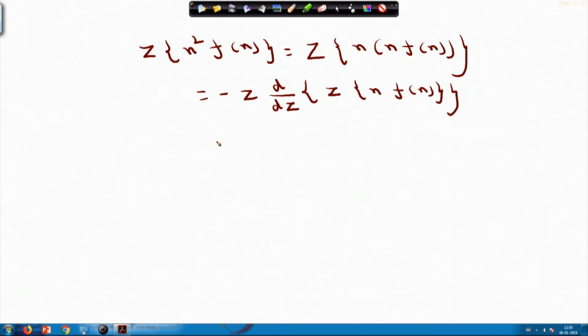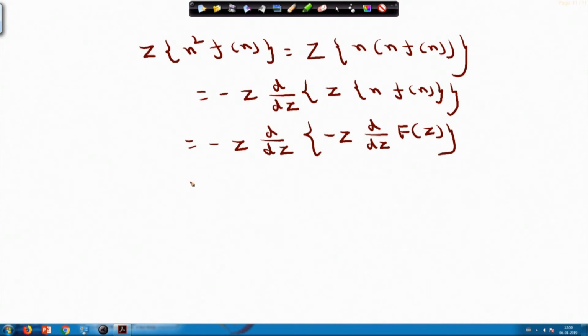This equals minus z d/dz of F(z), again using the earlier property, just what we have proved. So this equals minus z d/dz whole square of F(z).